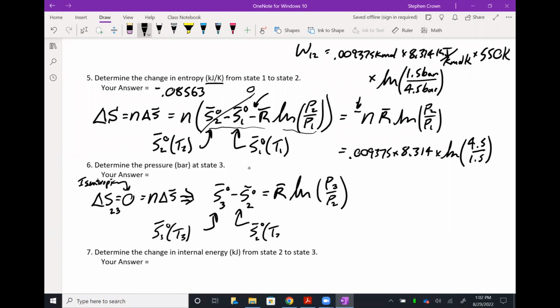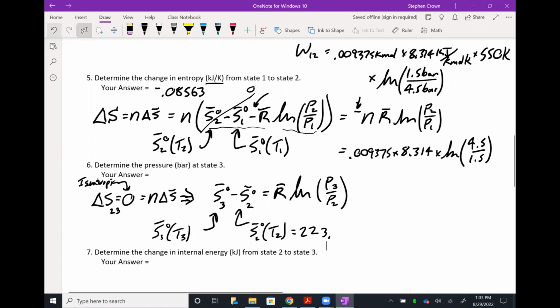Now these won't be the same, because at T2 we found it was 223 point something, and we'll keep that point something because it will make a difference. But T3 is 650.